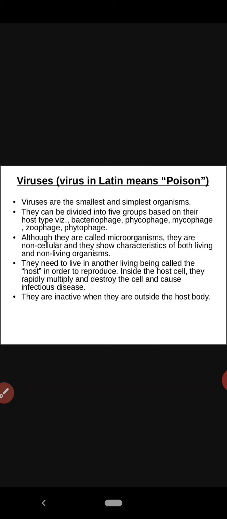Living means once they go to the host and get inside the host, it starts multiplying, like a cell. But if it doesn't get a host to enter, it will be just like a particle. It will not affect anything, it will do nothing. But once it gets inside the host, it starts working.